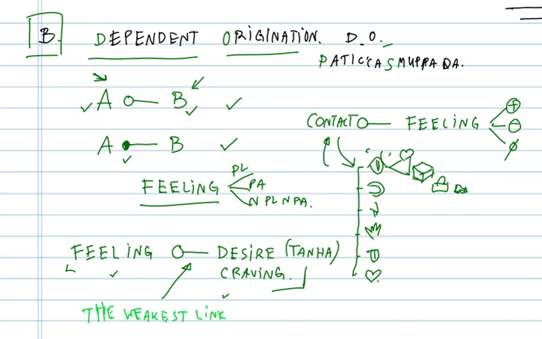That's why this point is the weakest link. We need to understand the feeling and how we handle the feeling so that it doesn't create desire. Okay, the feeling part I'm going to explain in the third part. Let's continue to the third part.